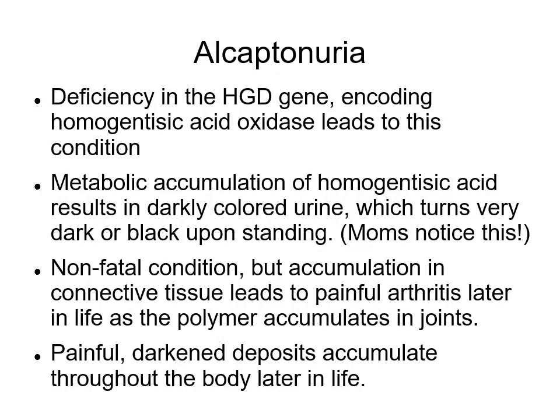The most telling characteristic about alkaptonuria is the metabolic accumulation of homogentisic acid, which results in darkly colored urine, which turns black upon standing. So this can be noticed in even very young children, and it's a non-fatal condition, but it becomes more painful later in life as the connective tissue accumulates the polymers that form from the extra. Now, a lot is excreted, but there's plenty left in the body that's not, that causes these deposits, which are very painful.